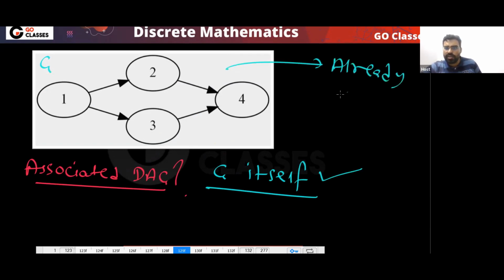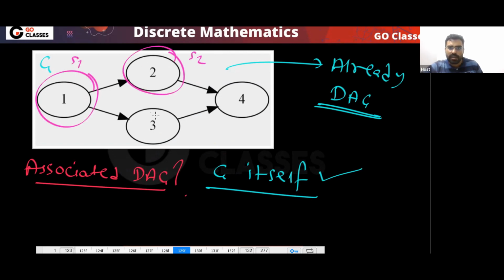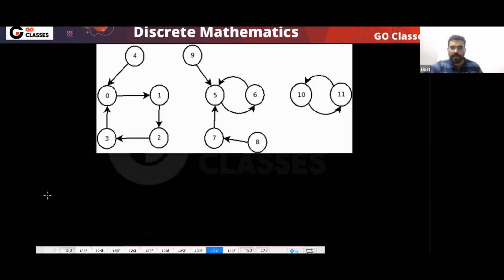If you notice, this is already a directed acyclic graph. These are the strongly connected components S1, S2, S3, S4, so you will get the same. This G itself you will get.